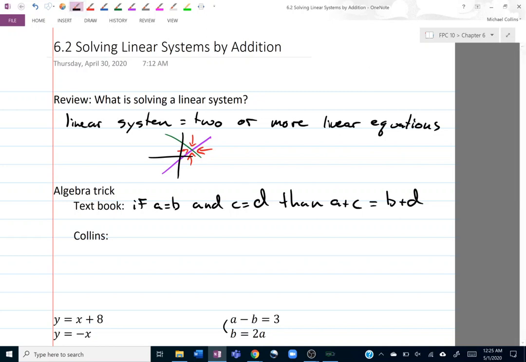So the way I think about this is there's really only two laws to algebra. Law number one is BEDMAS, which is order of operations. You always have to follow your order of operations. And law number two is what you do to one side, you must do to the other side.